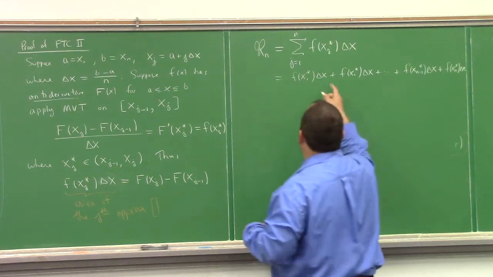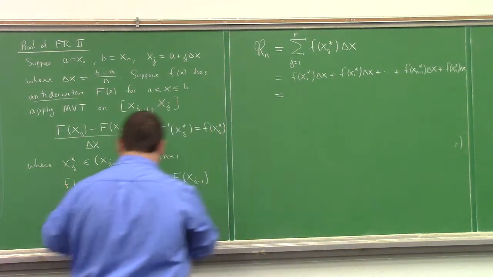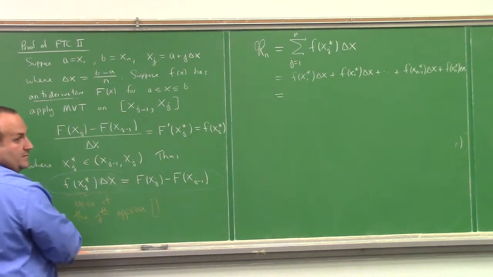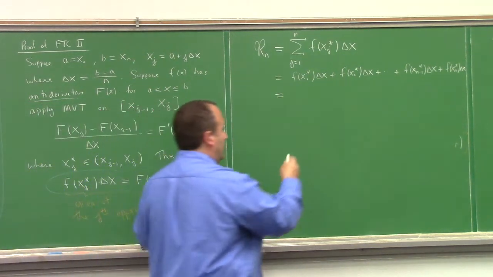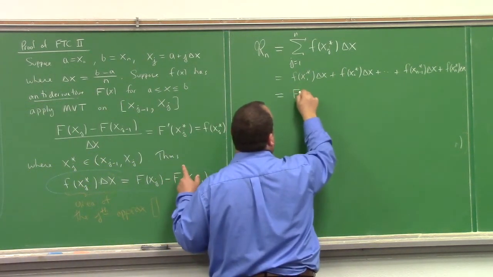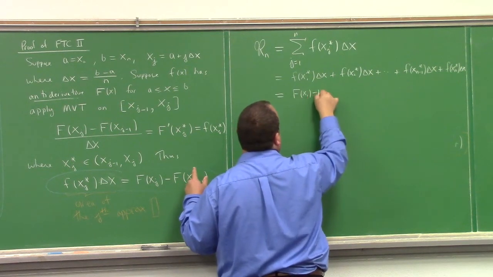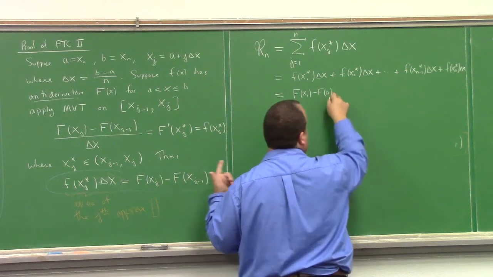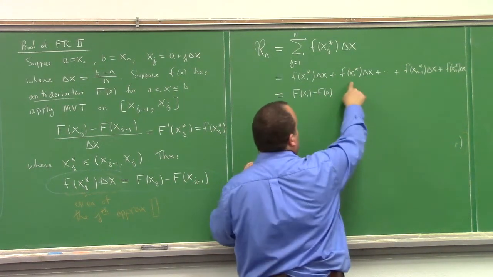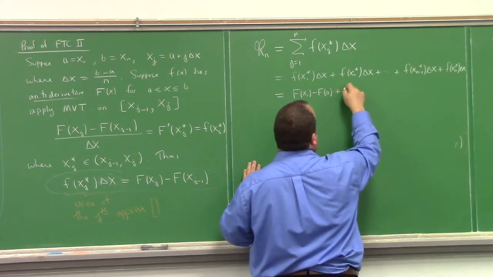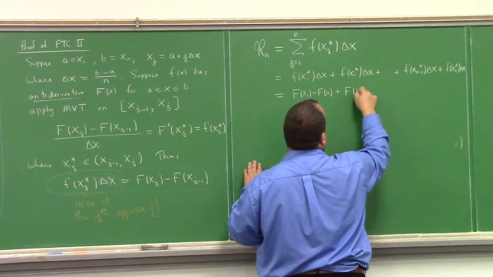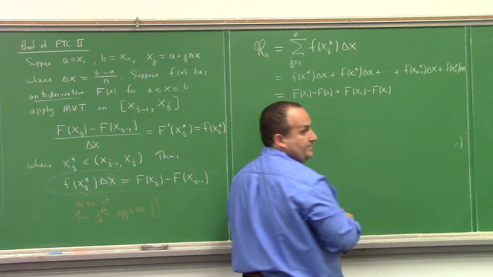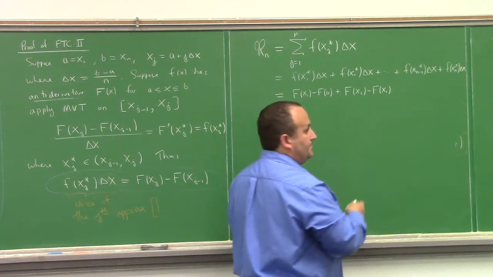But what is this? By what we just did down here, that's F of x1 minus F of x naught, right? What is x naught? That's a, right? The next one here, that's F of x2 minus F of x1, right?